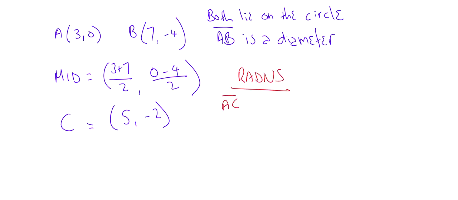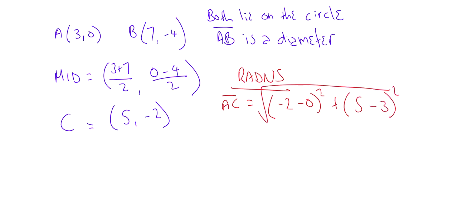So my 2 points, 3, 0 and 5, negative 2. So I've got negative 2 minus 0 squared plus 5 minus 3 squared, and all of that square rooted. So then this is the square root of 4 plus 4, which is the square root of 8.